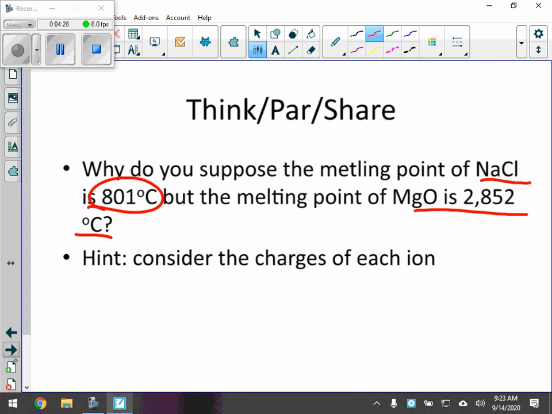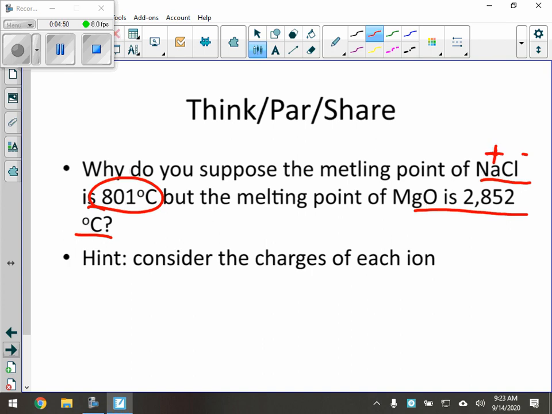Part of the reason they have these different melting points is that the more electrons you gain and lose, basically, the better they stick together. And the better they stick together, the higher the melting point's going to be. So if you think about the charges here, okay, this is a 1 plus and a 1 minus.